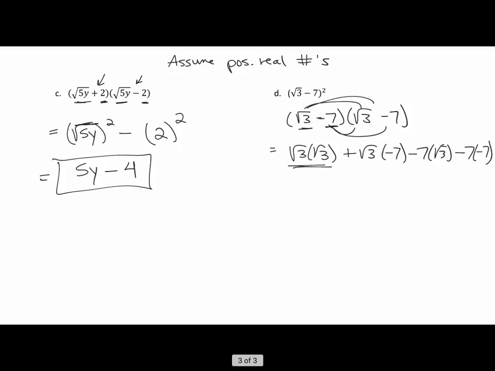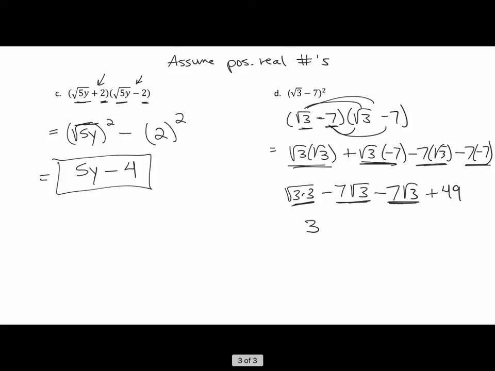So for the first term, those are both under the radical. I'm going to multiply them under the same radical. For the second term, the minus 7 is outside of the radical. Another minus 7 outside of the radical for the third. And the last term, that's going to be positive 49. So there is a square root of 9, that's 3.